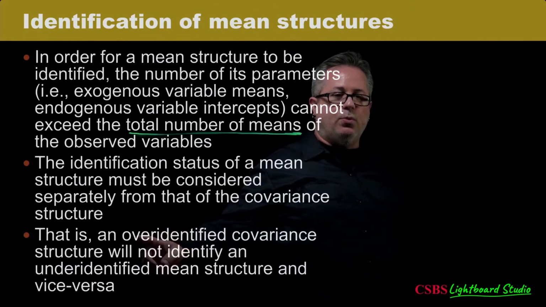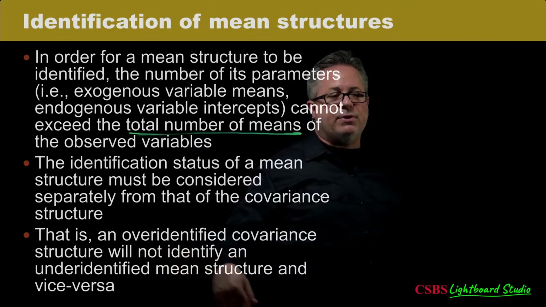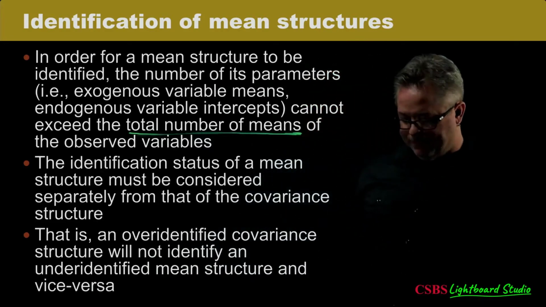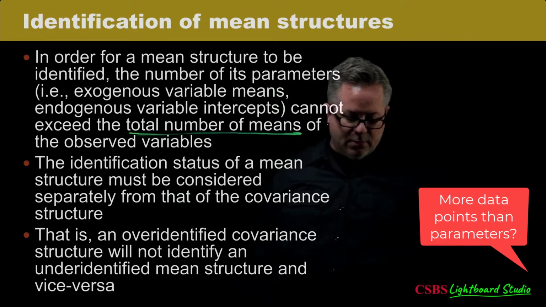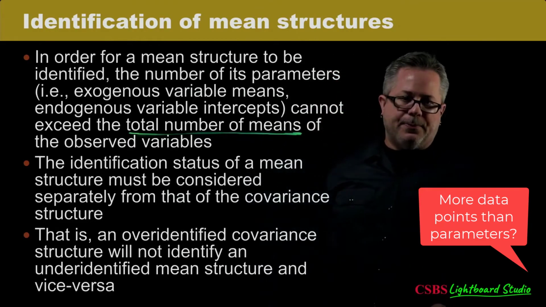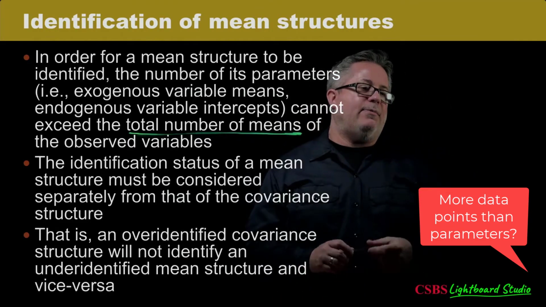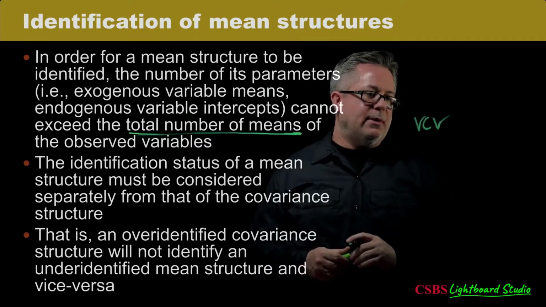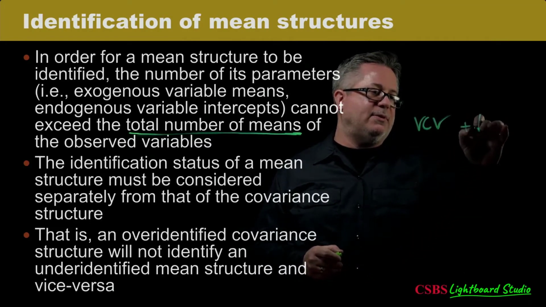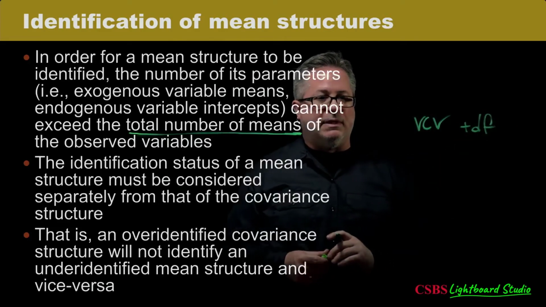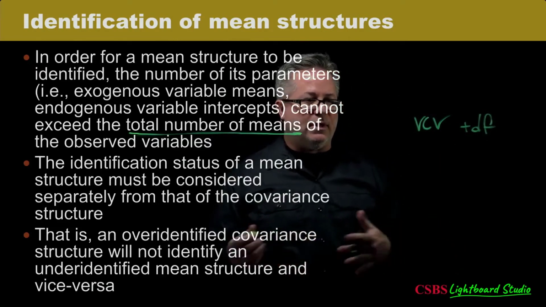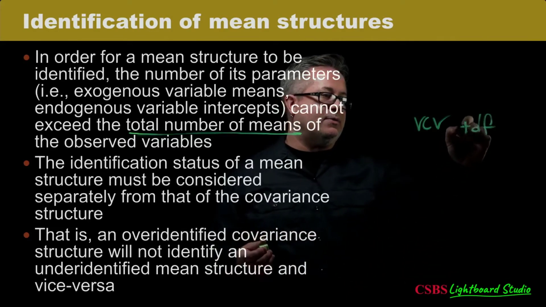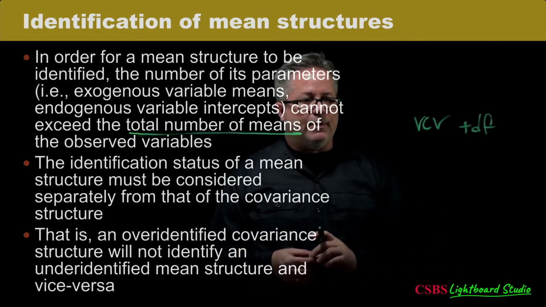So let's talk about it. What does it mean if I have an over-identified covariance structure? Now, what's the easy way to explain that? All right, so if my variance covariance portion has positive degrees of freedom, that means I have more data points than I have parameters, so when I subtract, I actually have some degrees of freedom. That means it's over-identified, right?